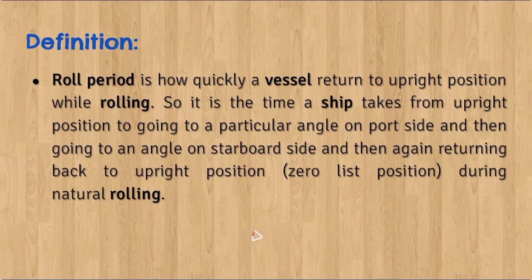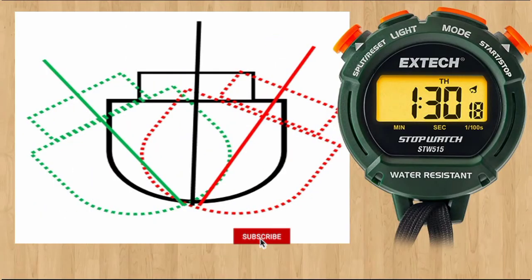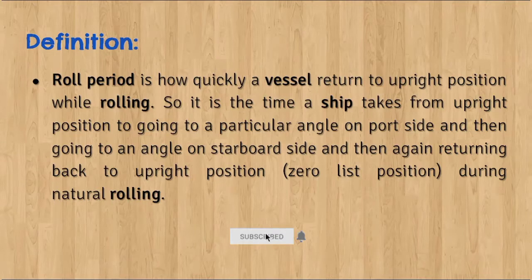So take note that it is from the upright position going to a particular angle on the port side or on the starboard side, and then going back to an angle on the opposite side.